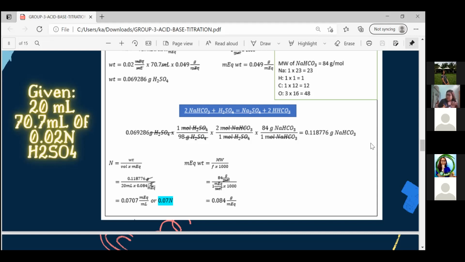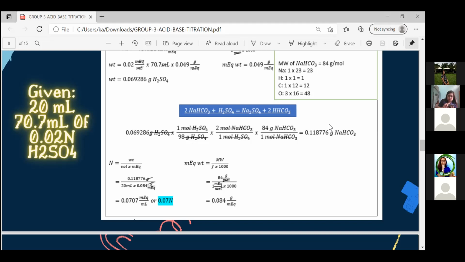So 0.069286 grams of H2SO4 times 1 mole over its molecular weight, which is 98 grams, times 2 moles of NaHCO3 from the balanced equation over 1 mole H2SO4, times 84 grams NaHCO3, the molecular weight of sodium bicarbonate, over 1 mole NaHCO3, so that the units cancel and what remains is grams of NaHCO3.